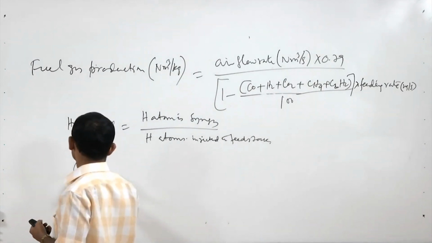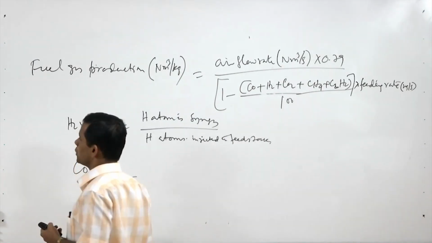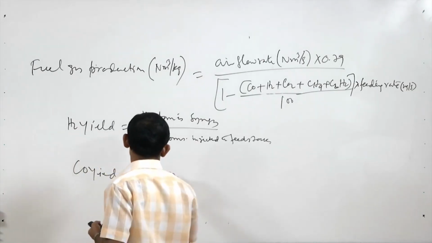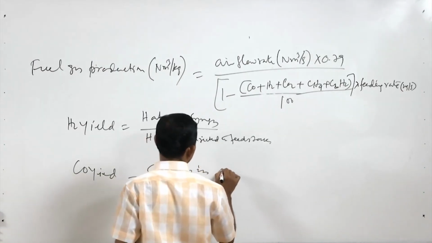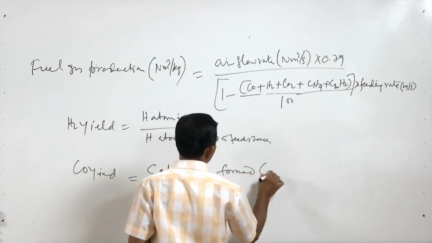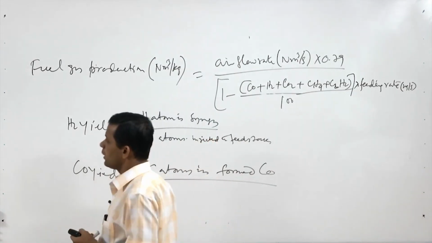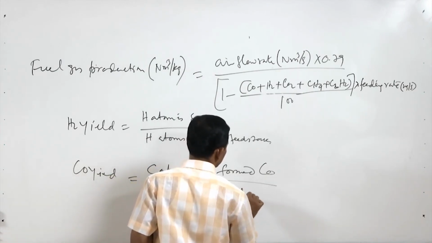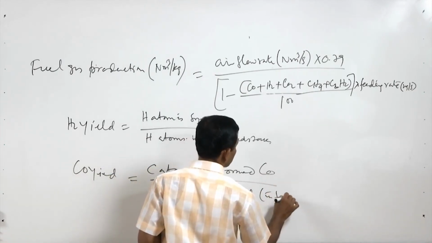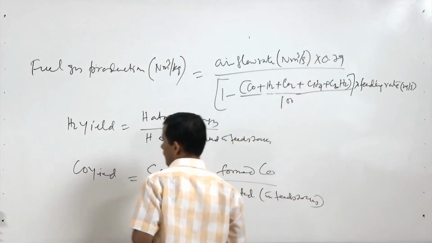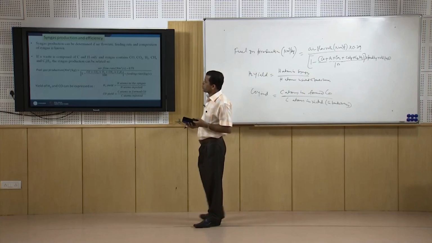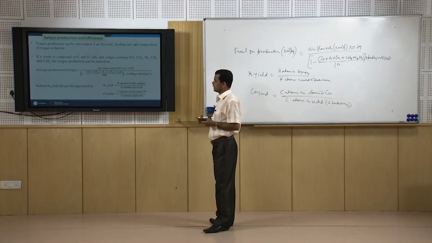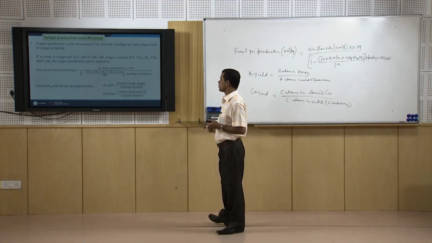And CO yield is equal to C atoms in formed CO divided by C atoms injected, means in the feedstock. This way we can calculate the fuel gas production rate and the yield of hydrogen and CO.